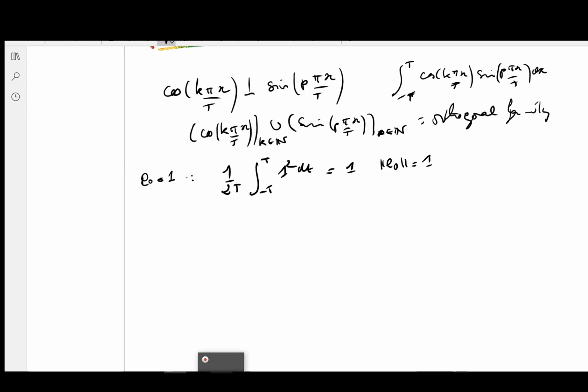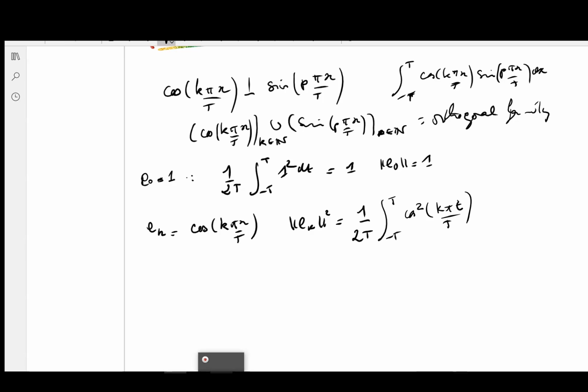All right, now let's take a look at ek equal to the cosine of k pi x over T. Then what do we have? What's the norm of this ek? The norm square of ek is going to be given by 1 over 2T times the integral of cos square of k pi t over capital T dt.